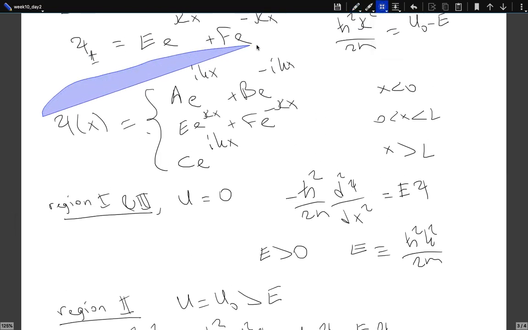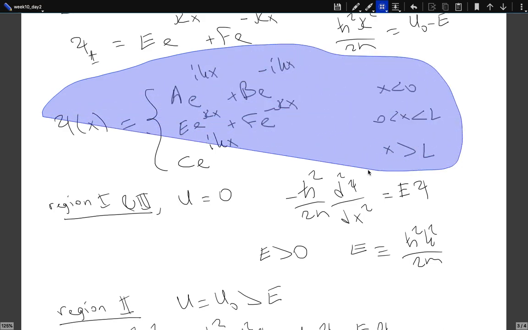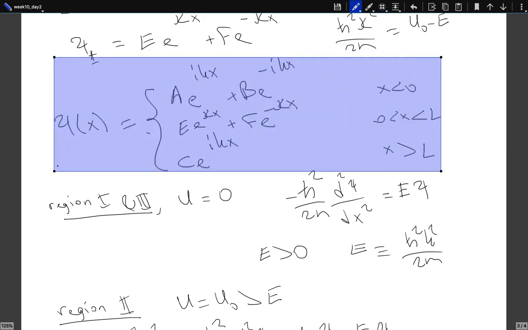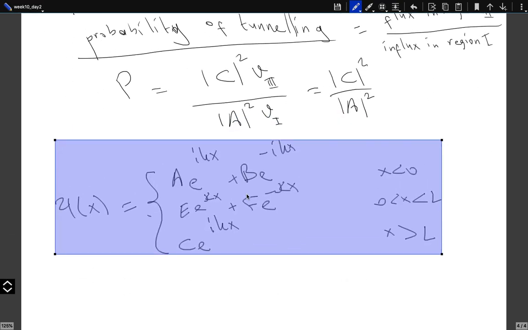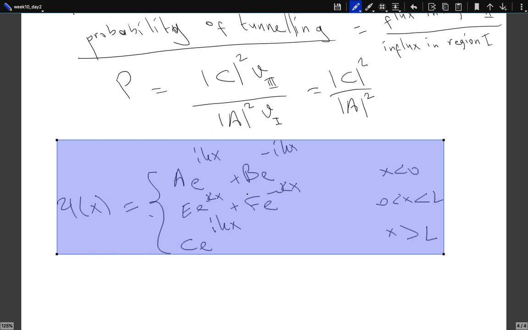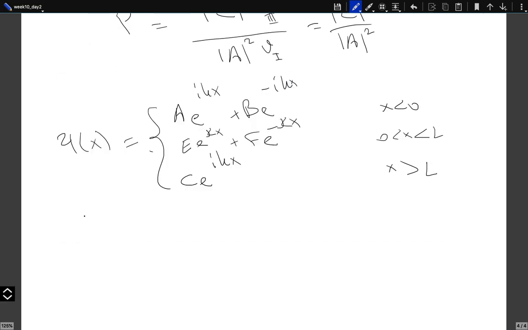So this is our wave. We had already imposed the boundary conditions at infinity, but we also have the conditions at x equal to 0. At x equal to 0, my wave function has to be continuous.